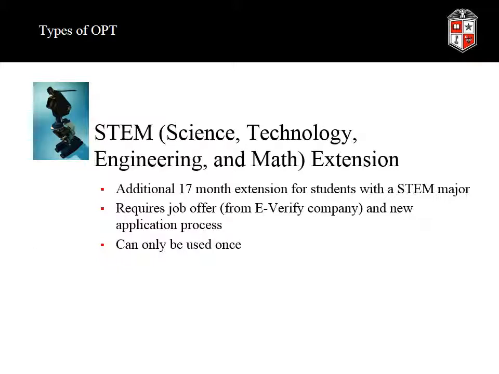But STEM can only be used one time during your entire F1 program here in the U.S. So this is a combination of the 12 and the 17 months, which comes to 29 months. During that entire 29-month period, you can only be unemployed for a total of 120 days.